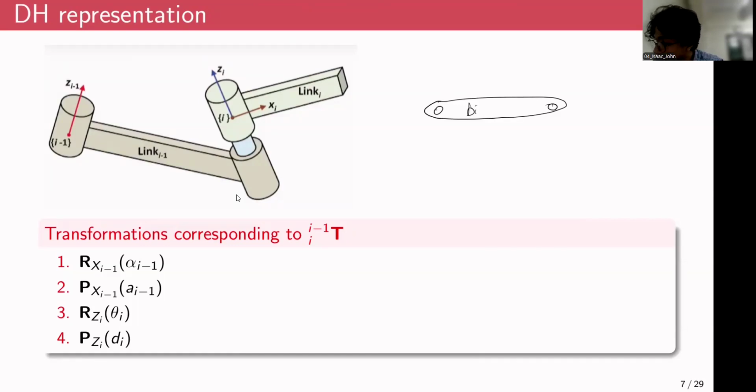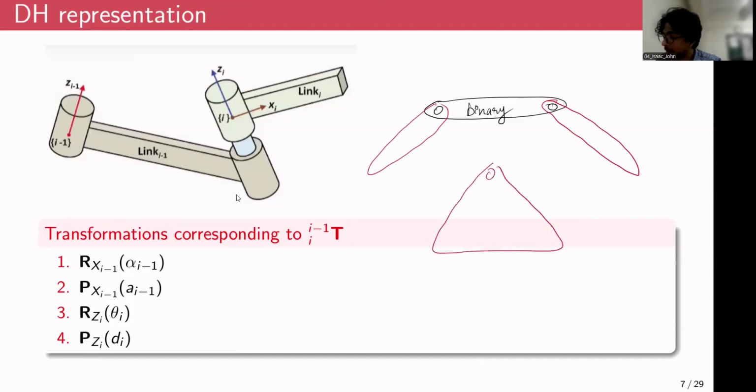This is a binary link because it only has two connection points, and you can only connect two more rigid bodies to this binary link. So one link could be like this, another link could be like this. Just two links are connected to each of these binary links. But in case of a ternary link, you can probably connect three other rigid bodies to this ternary link.